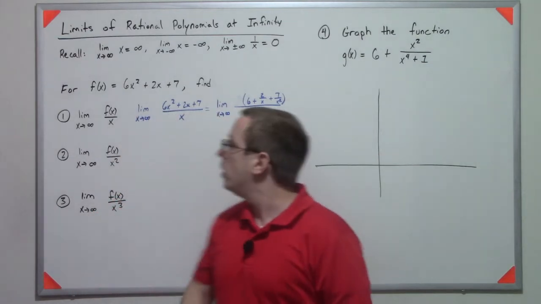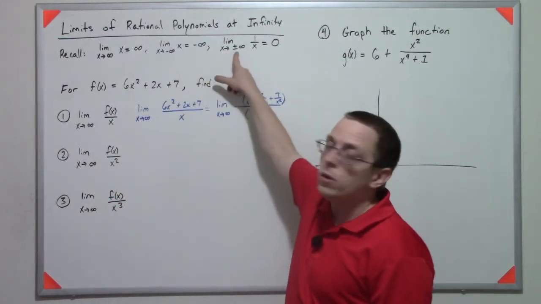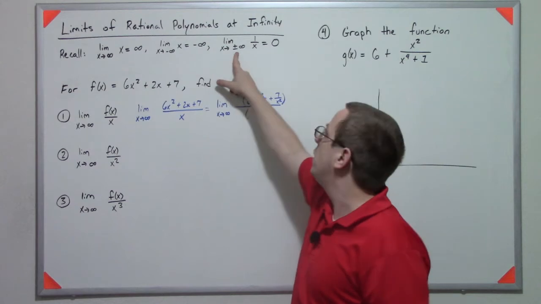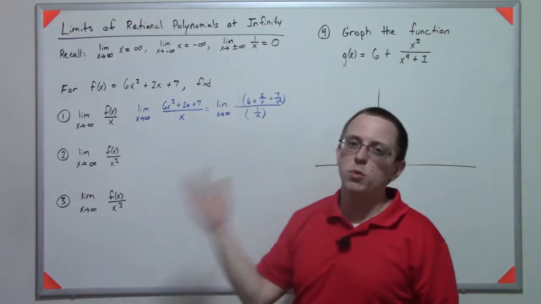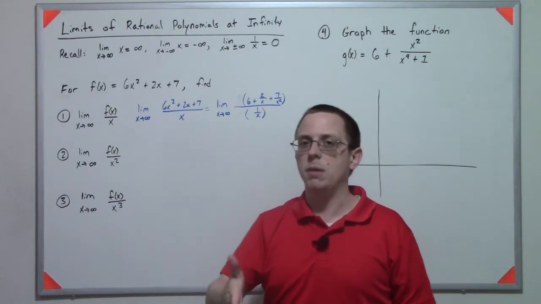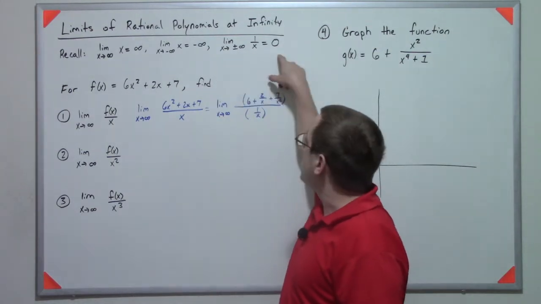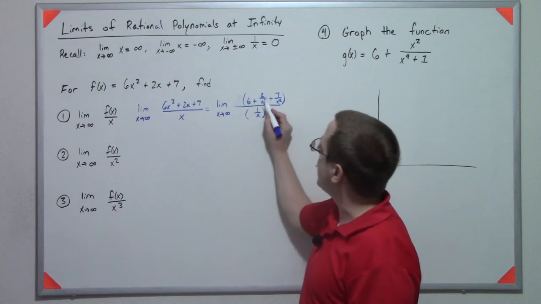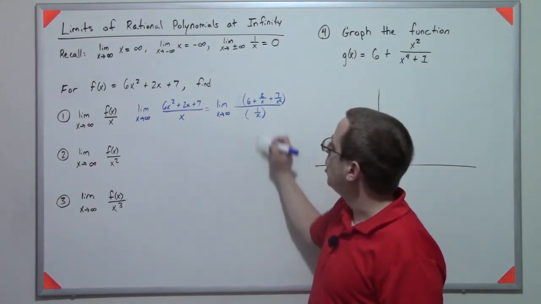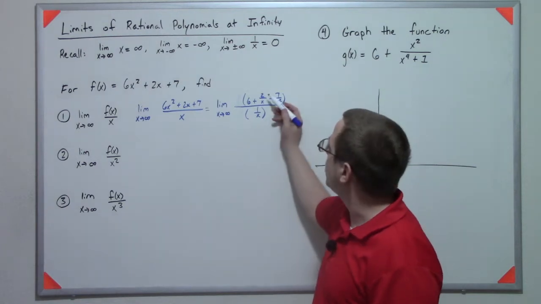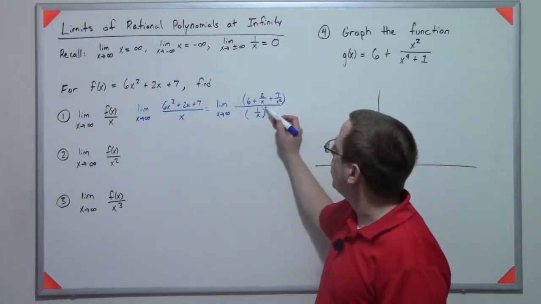And what we know is that the limit, whether you're going to positive or negative infinity, of 1 over x to a power, because if it's 1 over x squared, it's just 1 over x times 1 over x, is always going to be 0. So every one of these pieces is going to go to 0. You're going to get 0, 0, 0.